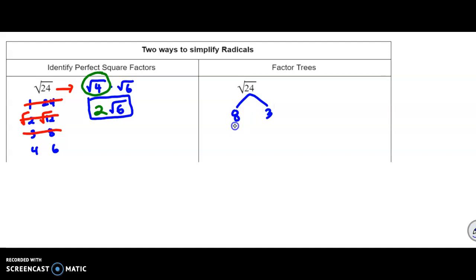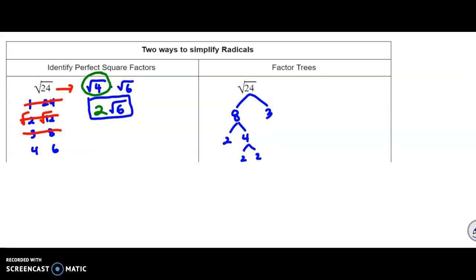And 8 we can split up to maybe 2 and 4. Okay, now 3, I'm going to stop here because 3 is a prime number, so that's when we just stop. 2 is a prime number, so I'm going to stop here. The 4 I can keep going, and we know that's 2 times 2, right?